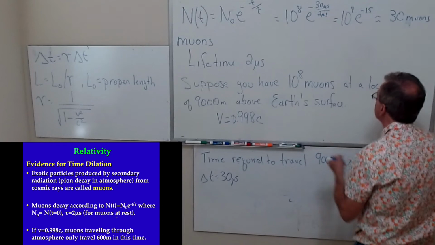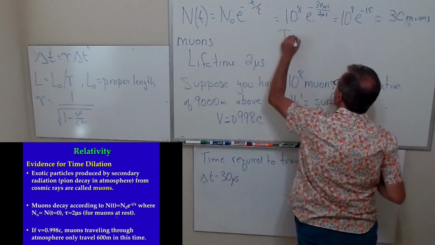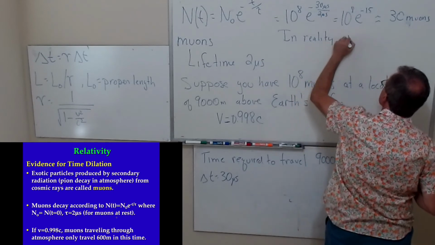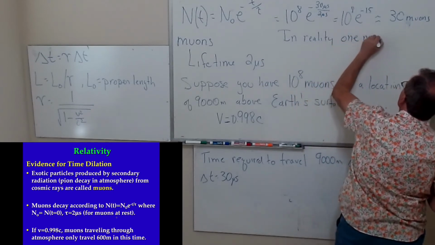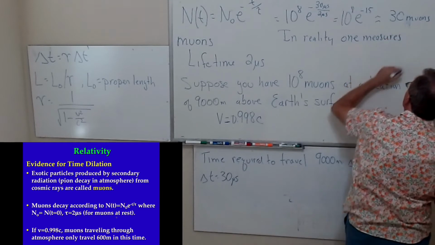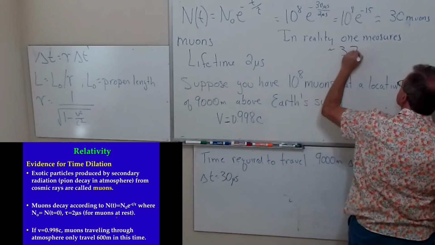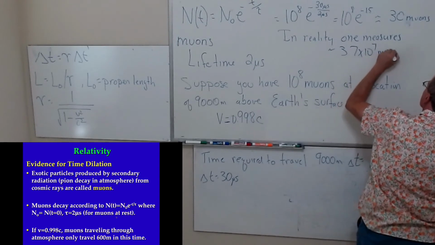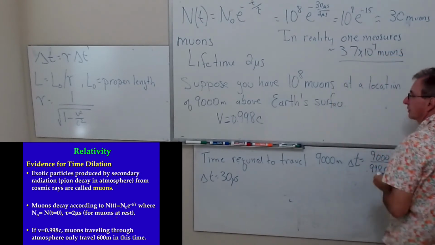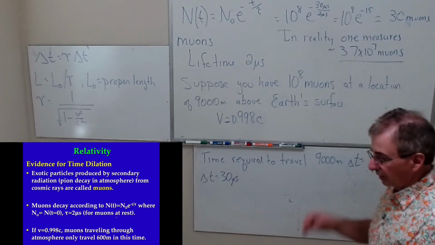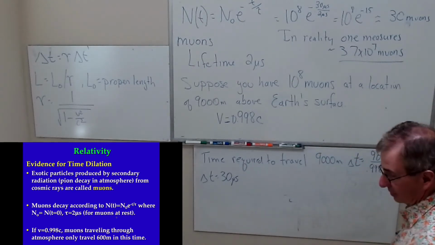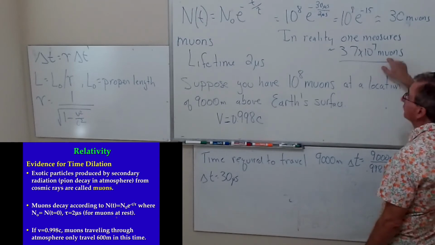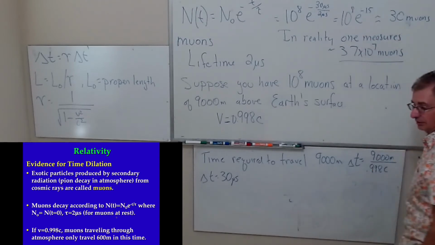In reality, one measures something around 3.7 times 10 to the 7th muons. The question is, why is that? Why would I measure this many if the theory says I should only get 30?